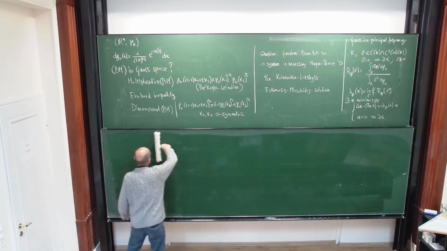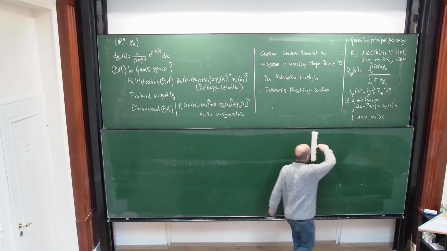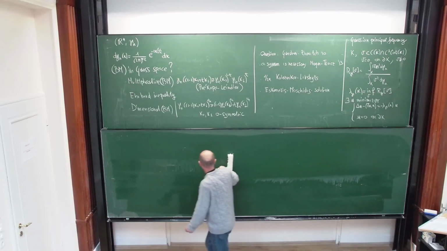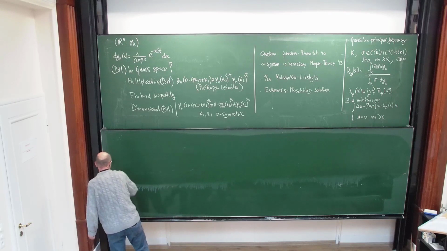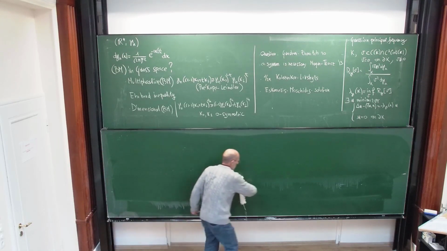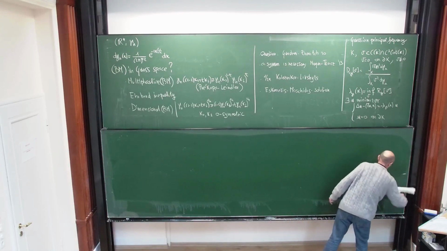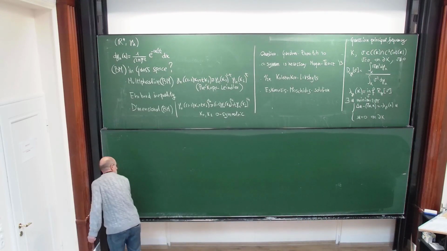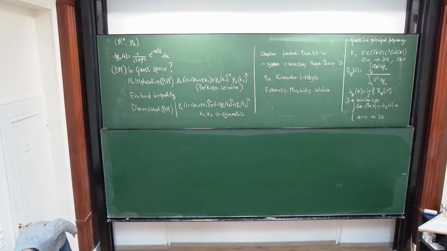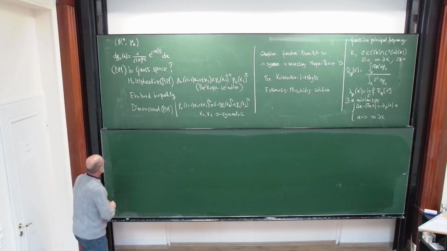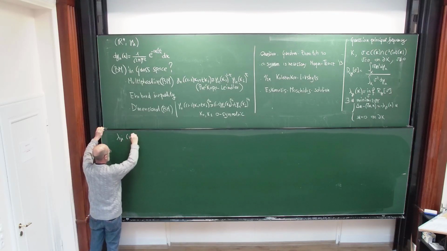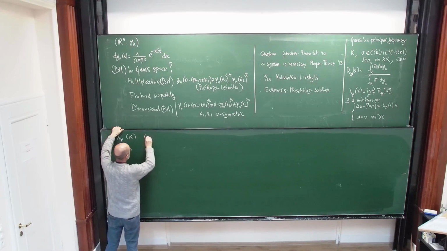And I will now tell you about some basic properties of this function. So we have lambda gamma of K. Now this is just rotation invariant.